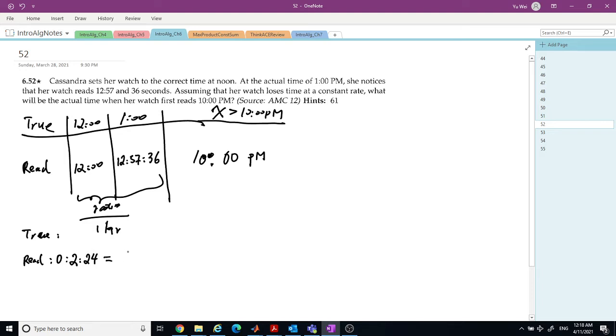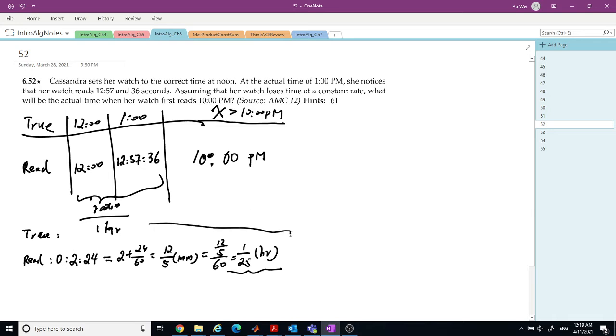This is equal to 2 minutes plus 24 over 60, which is 12 over 5 minutes. And 12 over 5 over 60 is equal to 1 over 25 hours.